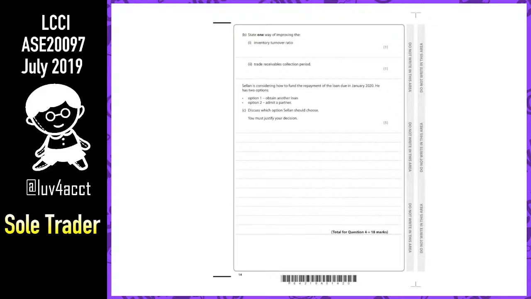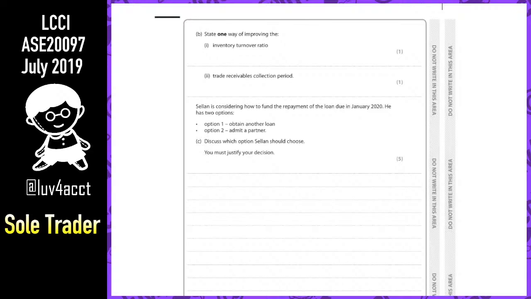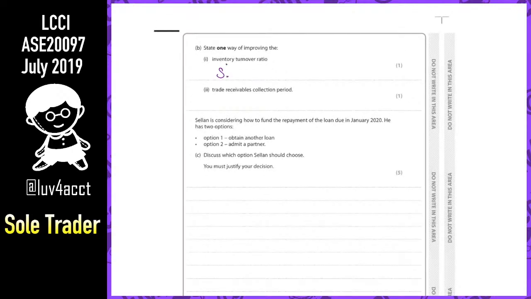If you want to improve, the first thing is to sell more, sell inventory quickly. You can also purchase in less bulk.